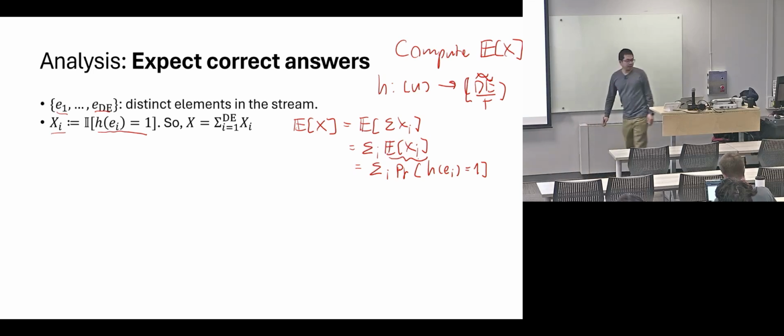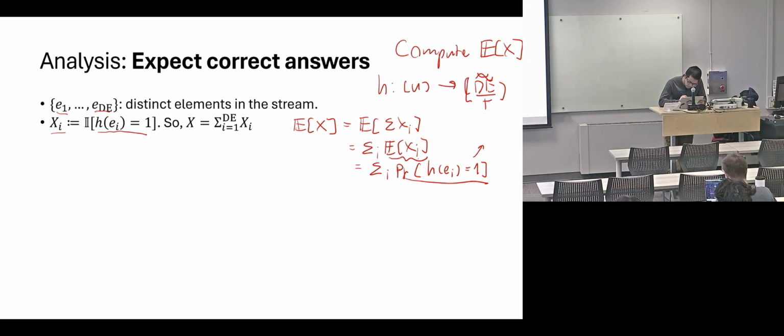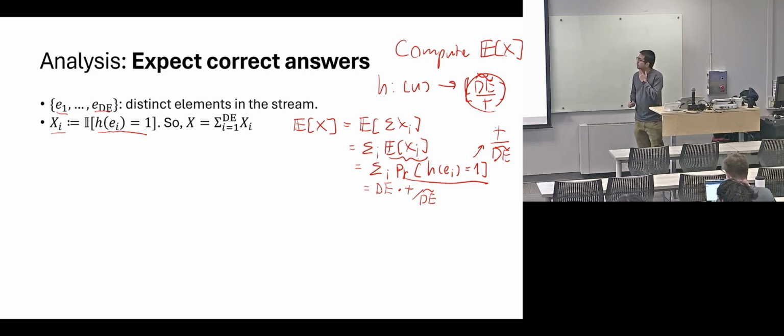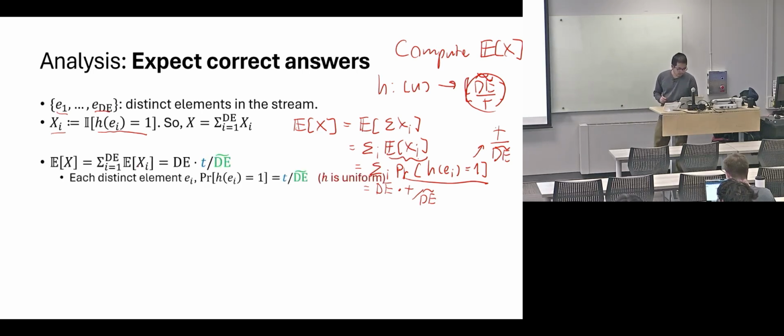Right, so this is just the inverse of this guy, T over D-tilde. It means that this whole thing is the sum over D elements times T over D-tilde. Let me repeat this.